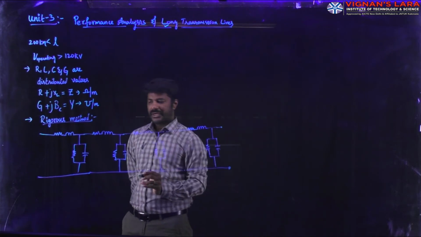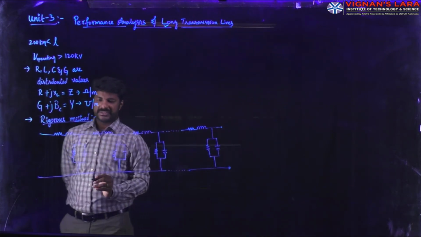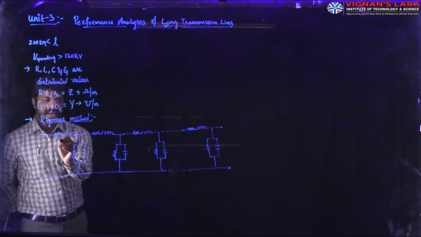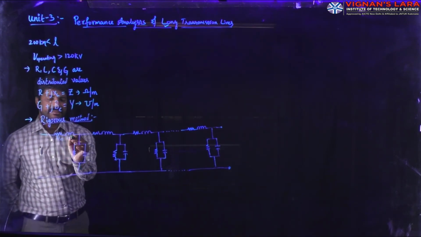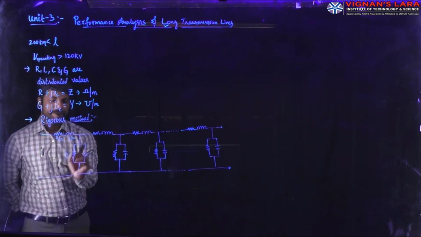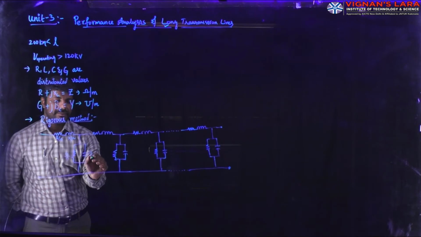As I told you, there are n representations of these sections, so we can show the values as r by n, x by n, g by n, b by n.